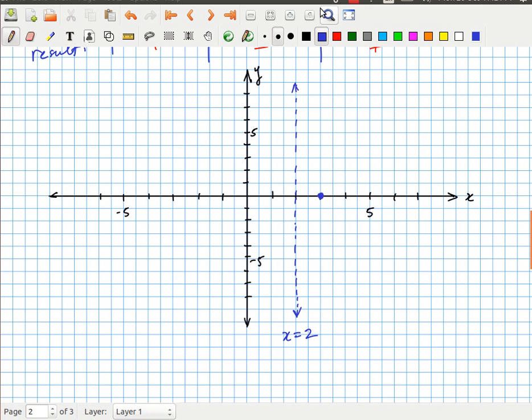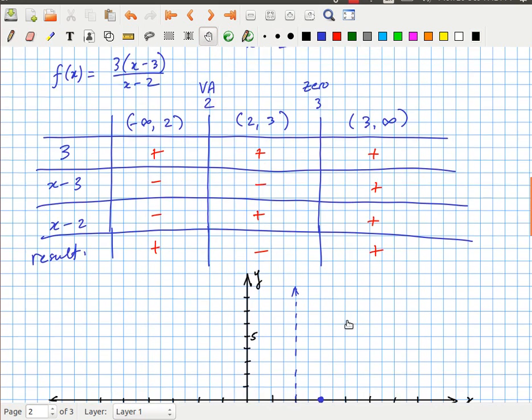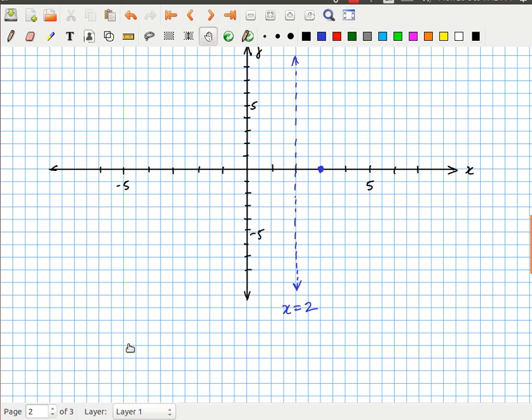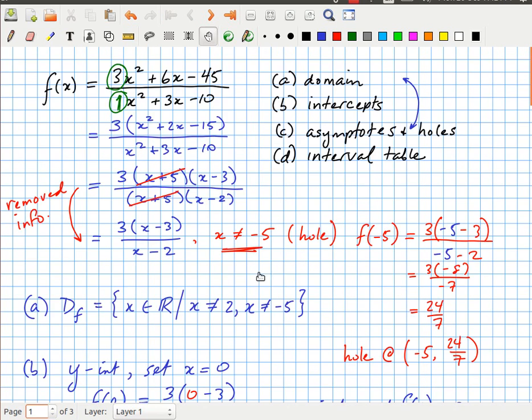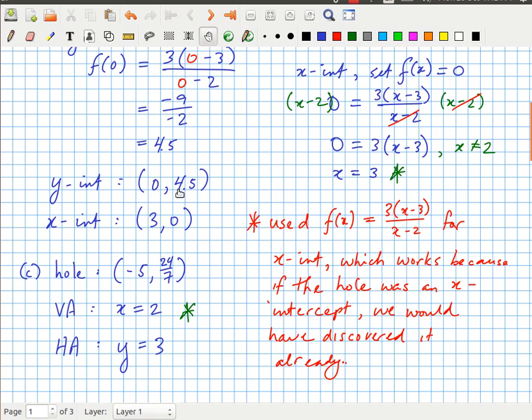And what else do I have? I know where I have positives, I know where I have negatives. I also have to take into account my intercepts. I have an x-intercept at 0 and 4.5, and I have a hole at negative 5, 24 over 7, which is about 3 point, is that 3.5? Yes, not quite, no, a little bit less than 3.5. So negative 5 and a little bit less than 3.5.